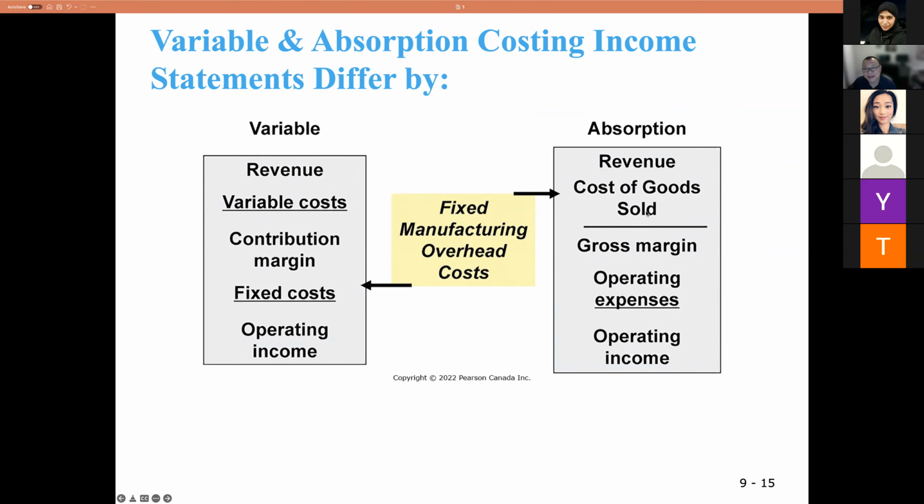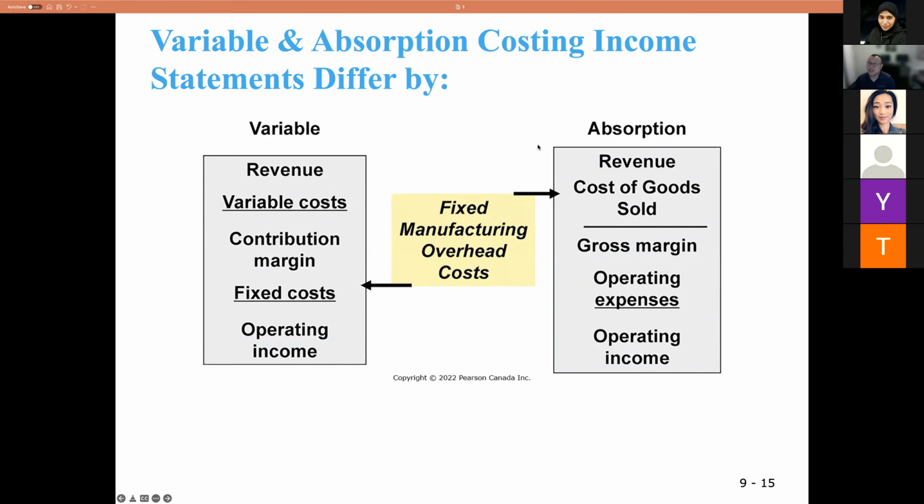And then the difference is called the gross margin, and you subtract operating expenses, you have operating income. So if you read the income statement, just by the way they structured it, you should know which method they are using. Are they using variable costing or absorption costing?